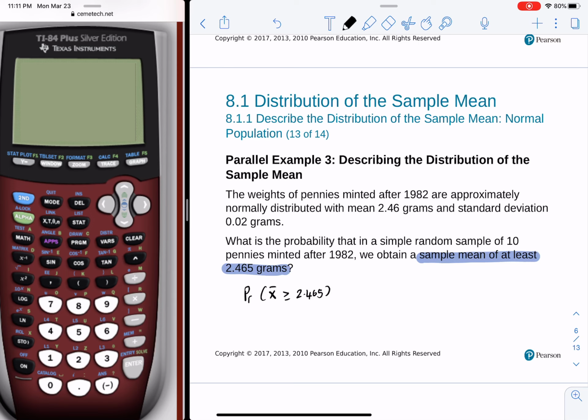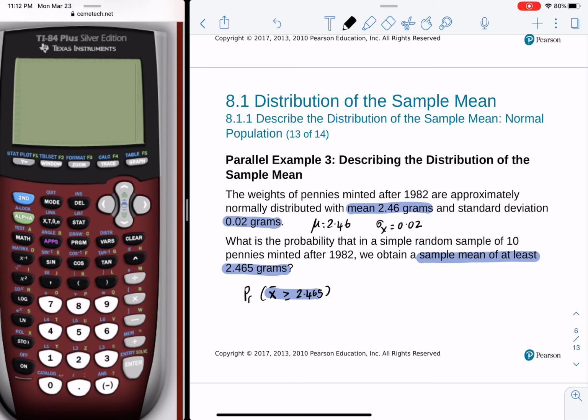Now, what do we know? We know the weights of pennies minted after 1982 are approximately normally distributed, with mean 2.46 and standard deviation 0.02 grams. So the mean, mu, is 2.46 and the standard deviation is 0.02. But we're not asking for the probability of a single penny having a weight of 2.465 grams or more. Rather, we are asking for the probability that the mean is greater than or equal to 2.465.